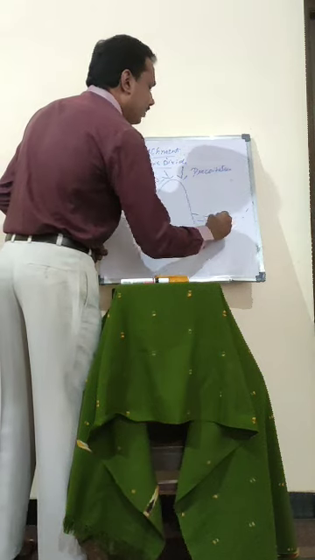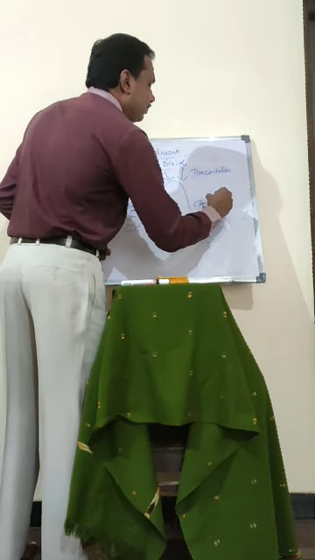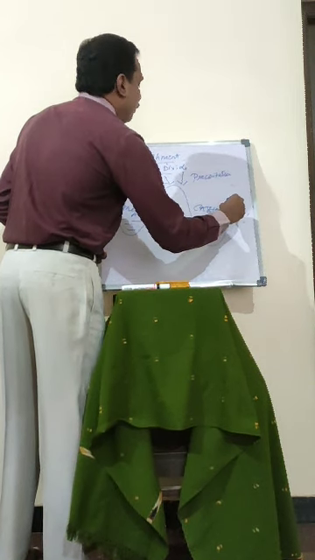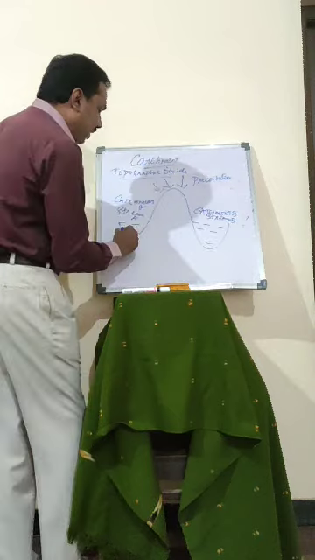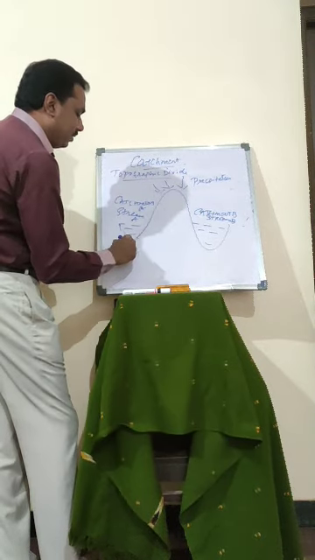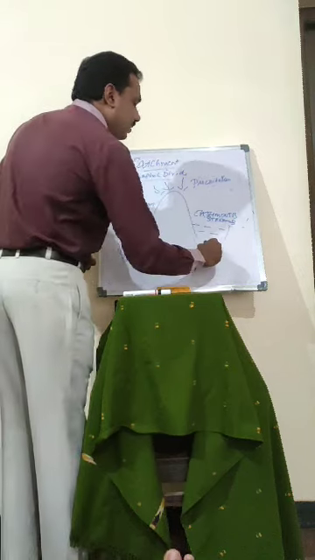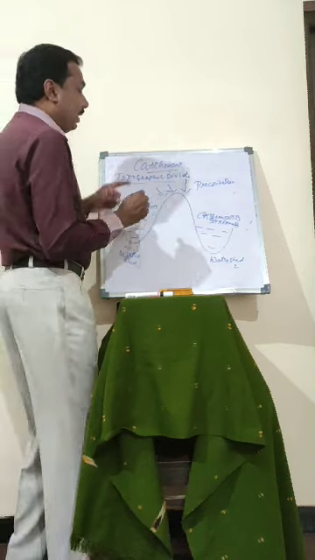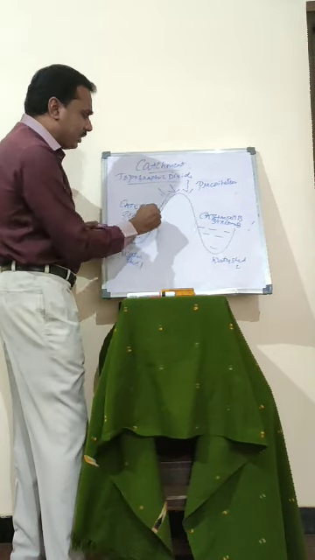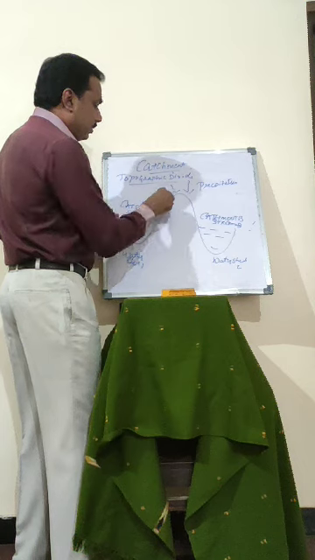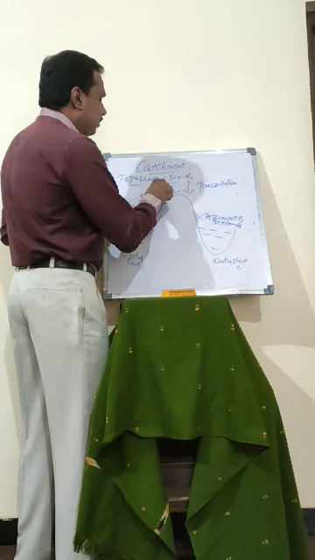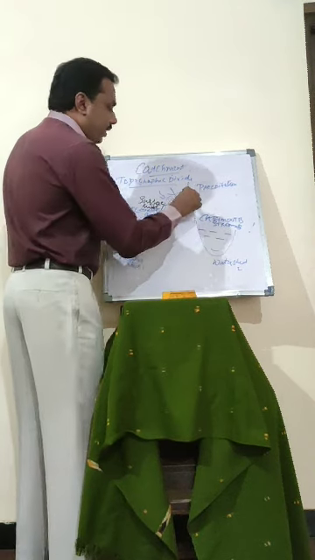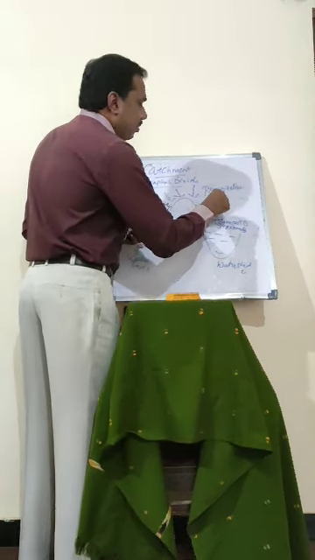And here, this is catchment B or stream B. Again, this is watershed 1 and this is watershed 2. Here what happens? First, there is surface runoff, and automatically here also some surface runoff.